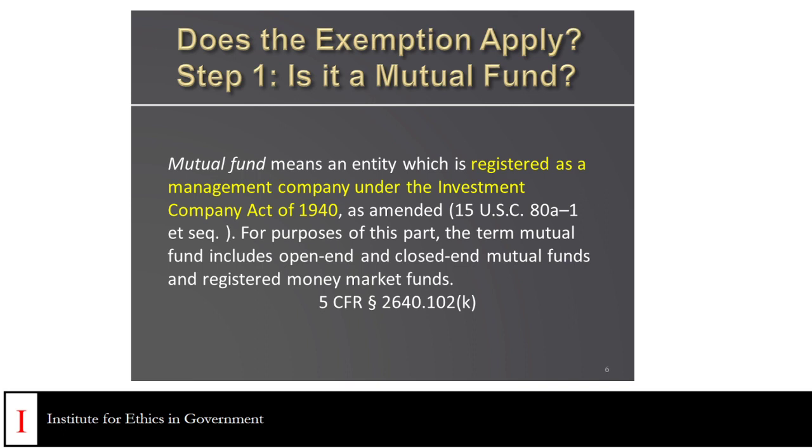For purposes of this part, the term mutual fund includes open-end and closed-end mutual funds and registered money market funds. So if the fund isn't registered as a management company under the 1940 Act, the fund won't qualify for the mutual fund exemption.